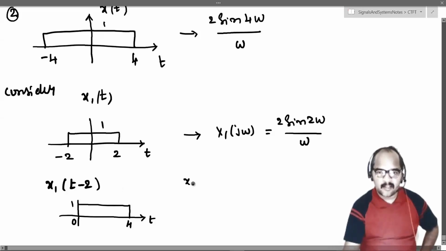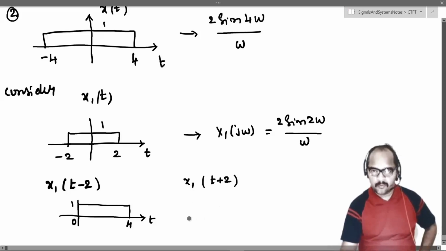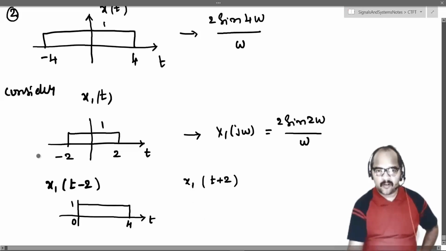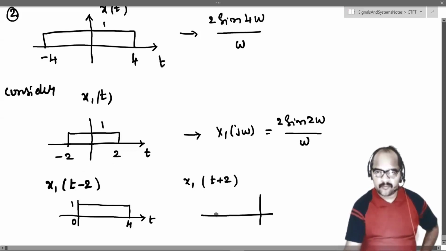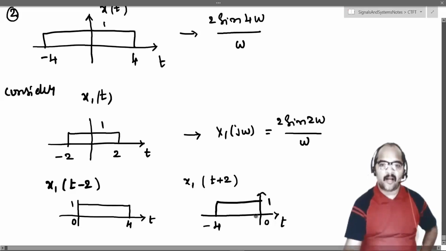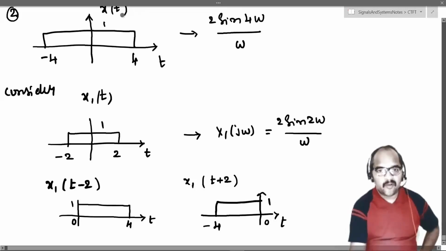Now let us consider x1 of t plus 2. That means you shift x1 of t to the left by 2 units, and you will get a rectangle from -4 to 0, again with amplitude 1. So what should come to your mind? We want our x of t.